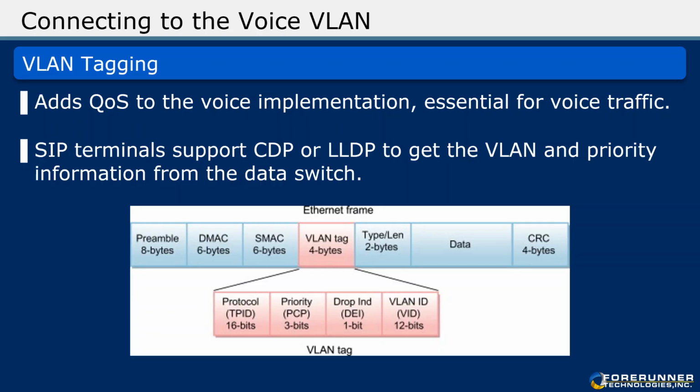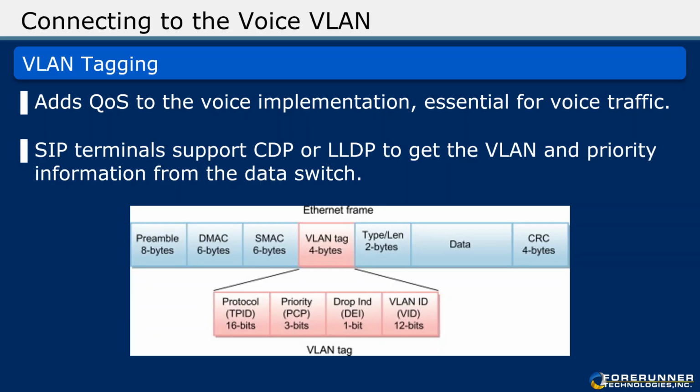Another point that I wanted to mention in this presentation is the voice VLAN. We generally need to have our voice implementation separate from the data network, so we normally suggest that customers use a separate VLAN.